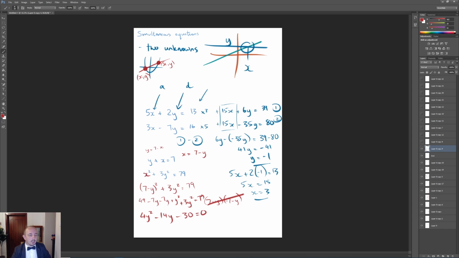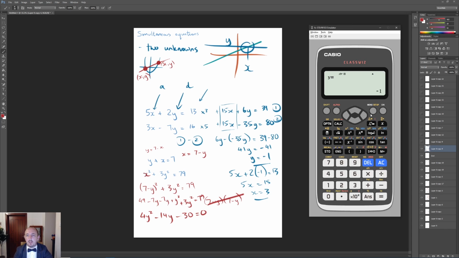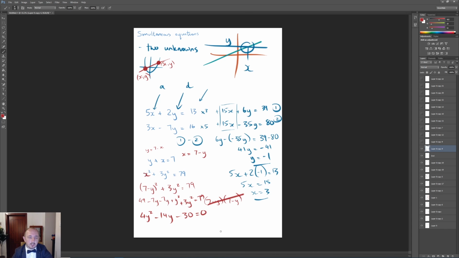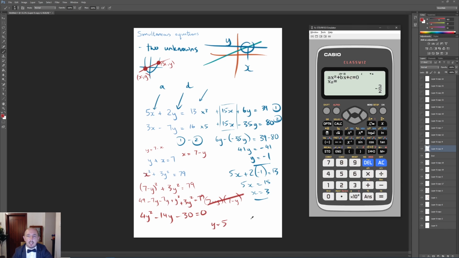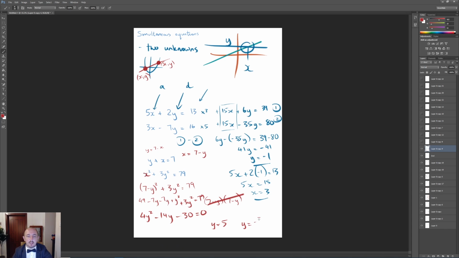Okay. On our calculator we can put this into our polynomial function, and we get 4, negative 14, and negative 30, and that gives us our two values of 5 and minus 3 over 2. So y equals 5 and y equals minus 3 over 2. In the exam you won't be able to just put those in there, so we will cancel through by 2 to get 2, minus 7 and minus 15, like that.